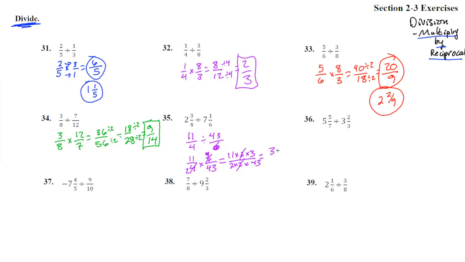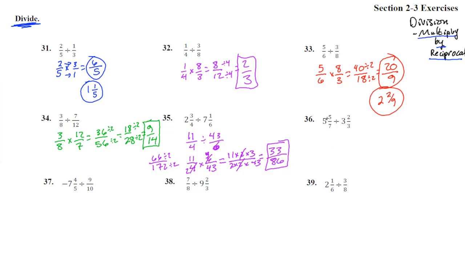You end up with 33 over 2 times 43 is 86. So I simplified ahead of time. The long way would have been 11 times 6 is 66, and 4 times 43 would have been 172. And then you could have divided by 2. In this case, we could cancel ahead of time. So either way, you'll get 33/86 as the simplified number.